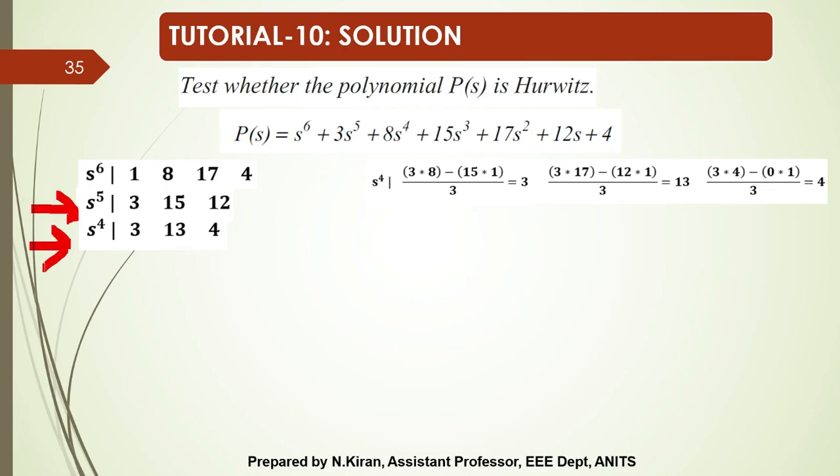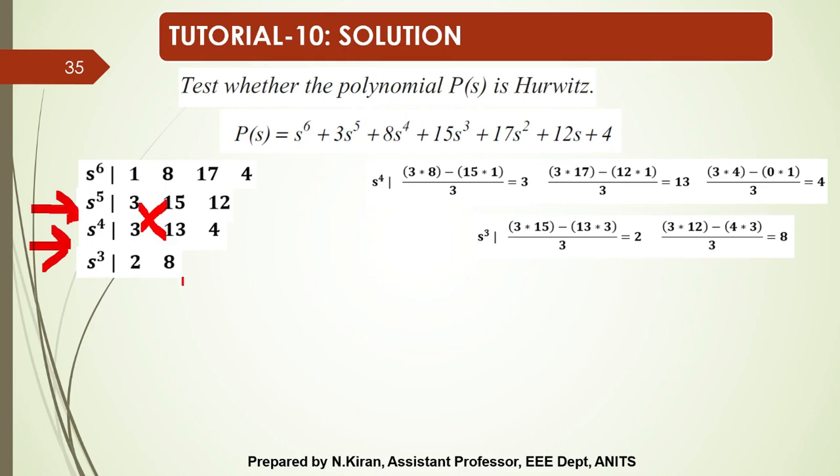The calculation for s power 3: 3 into 15 minus 13 into 3 divided by 3 gives me 2. And for the next element, 3 into 12 minus 4 into 3 divided by 3 gives me 8. So this is the row obtained corresponding to s cube.